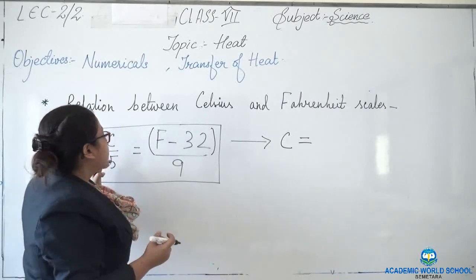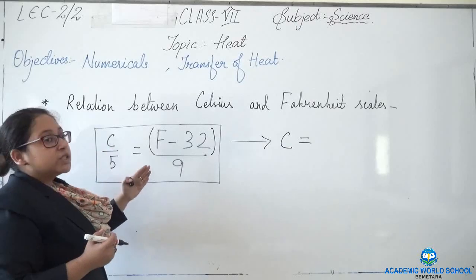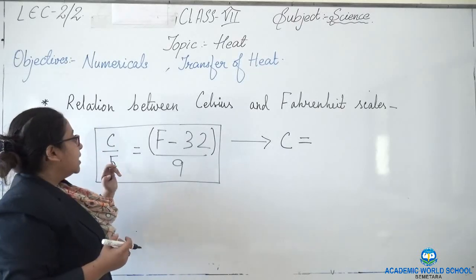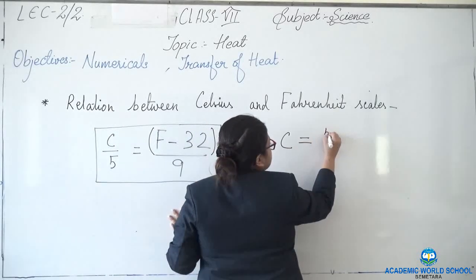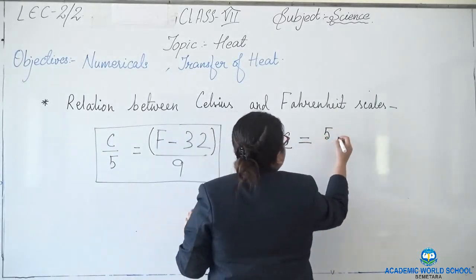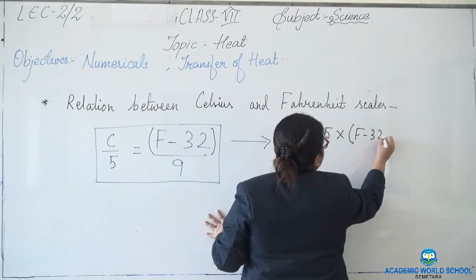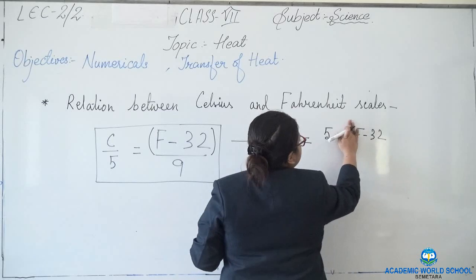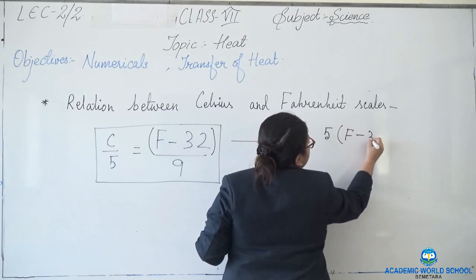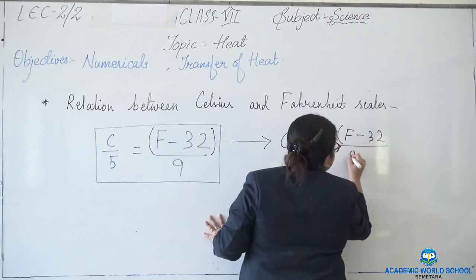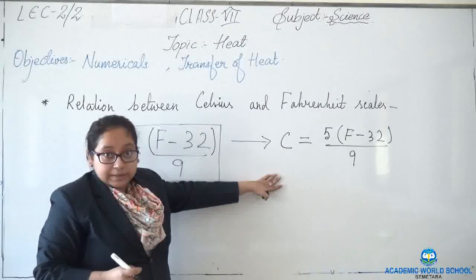Keeping C at one side, as 9 is in the denominator, when I change the wall it will go to the numerator. So my C is equal to 5 multiplied by F minus 32 by 9, and you all know that bracket means multiplication. This is my value of C.